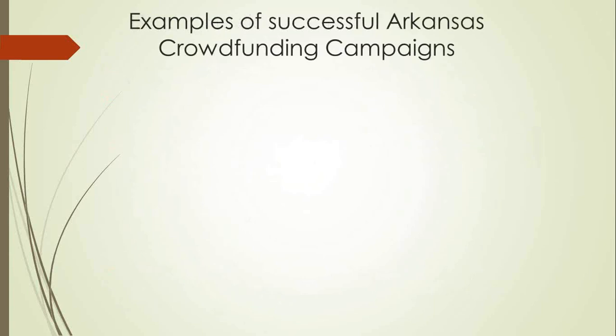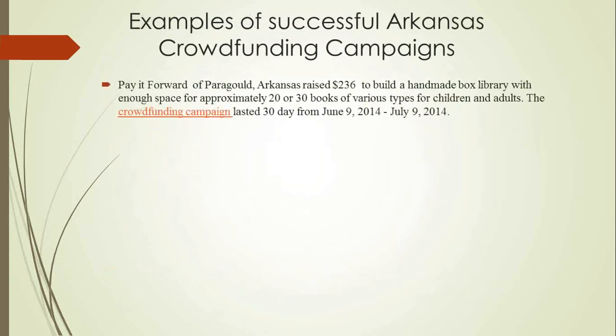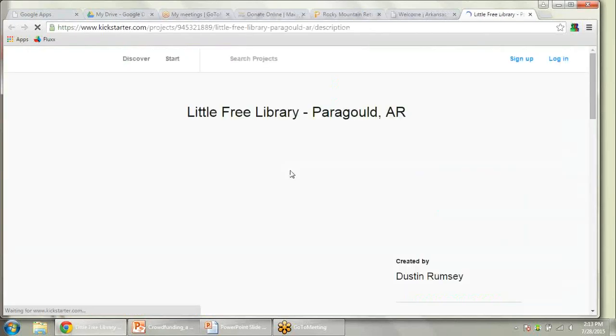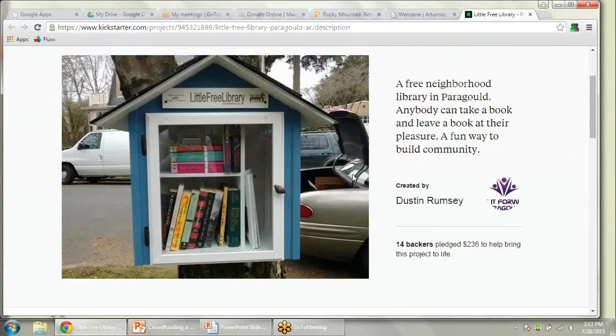Now, we're going to look at some examples of successful campaigns. This is something Glenn insisted that we do because he wanted to drive home the point that crowdfunding is happening in Arkansas, whether we know it or not. This first one is a small Kickstarter crowdfunding campaign where they raised $236 to build what they call little libraries, which are no more than little birdhouses with books in them.